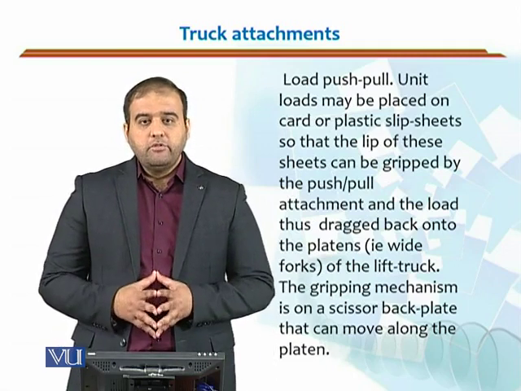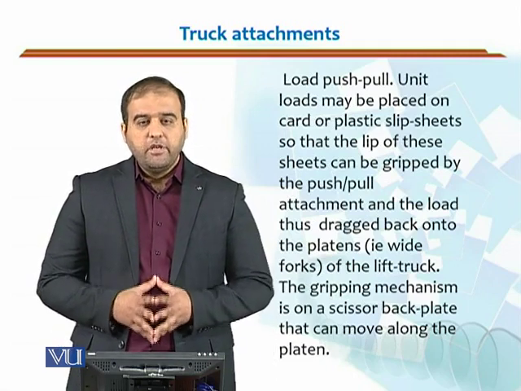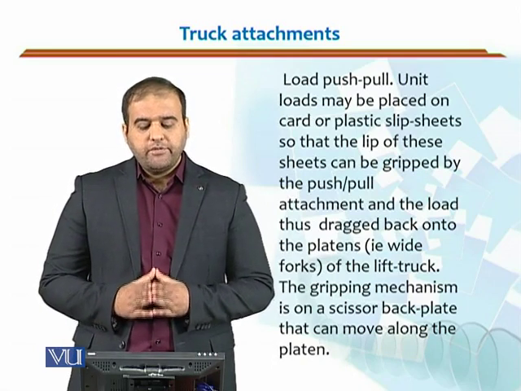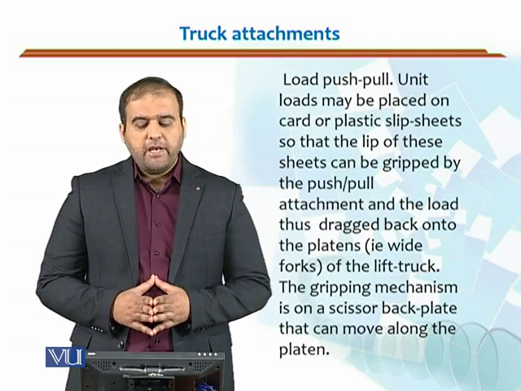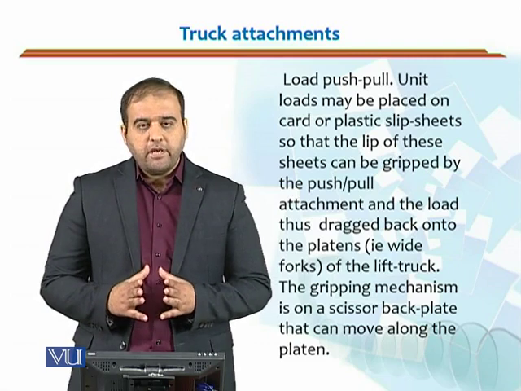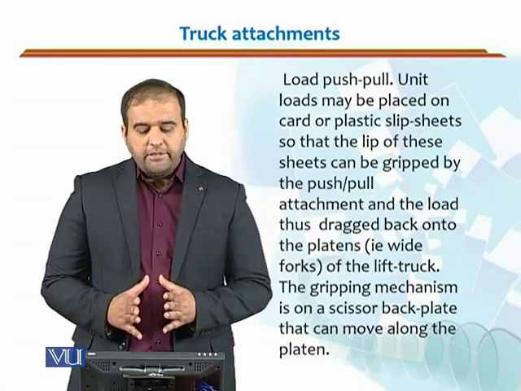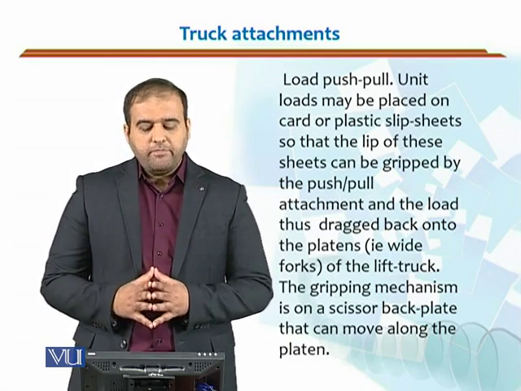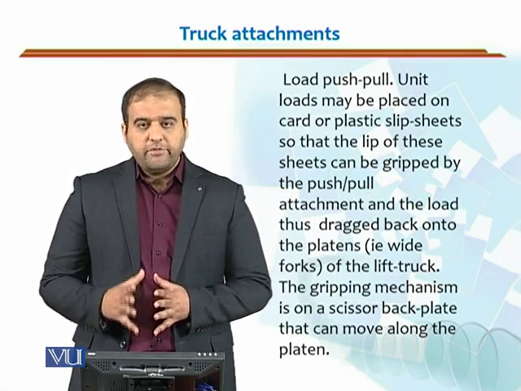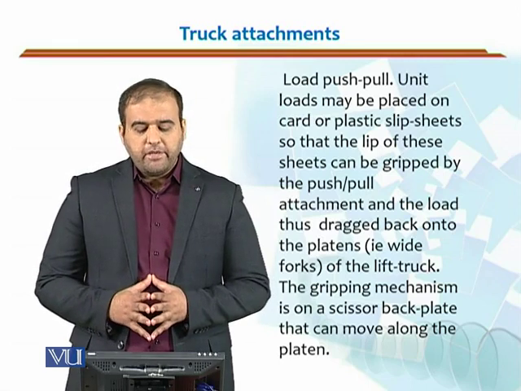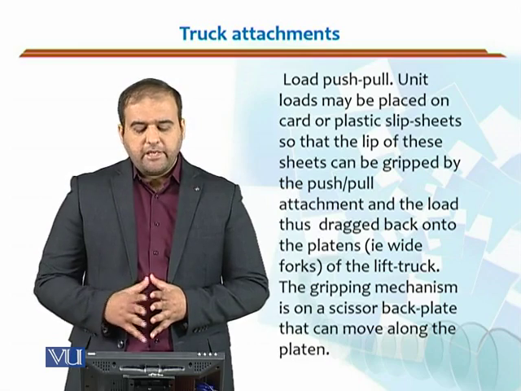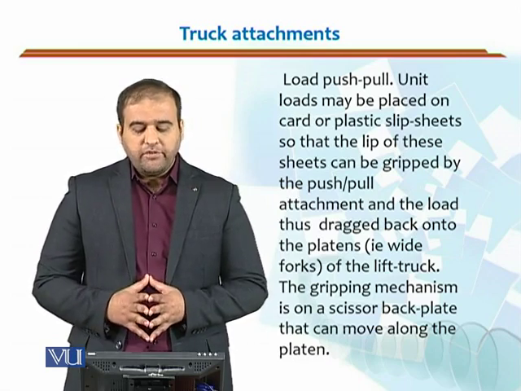Then there is load push-pull. Unit loads may be placed on cardboard or plastic slip sheets so that the lips of these sheets can be gripped by the push-pull attachment and the load thus dragged back onto the platens, the wide forks of the lift truck. The gripping mechanism is on the scissor back plate, so that we can move along the platen.